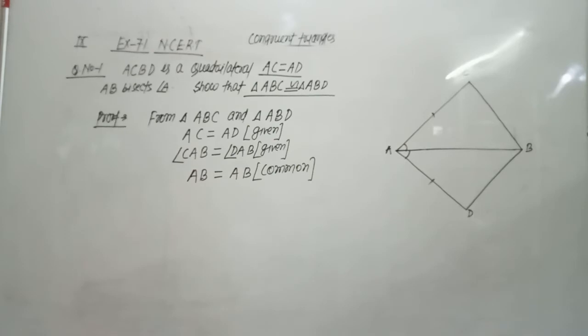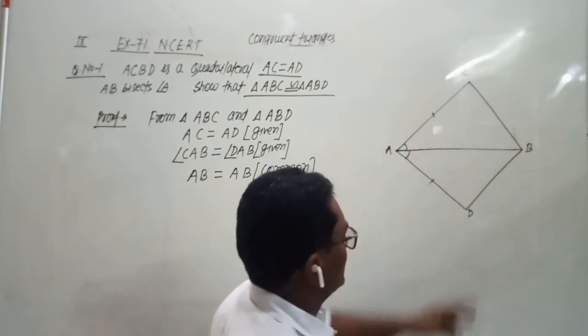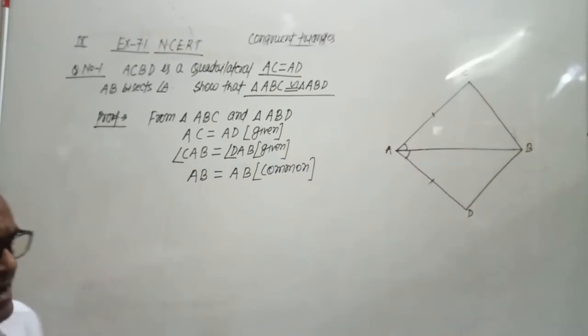Therefore, from these two triangles, by side, angle, side, the SAS criterion, these two triangles become congruent.